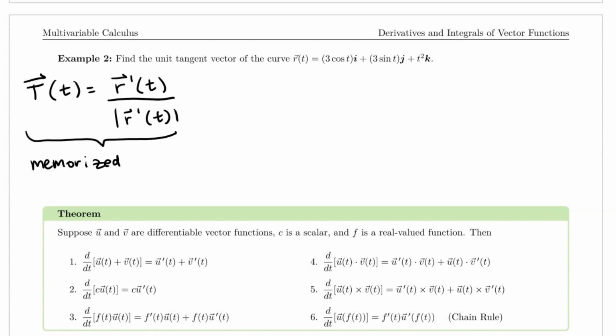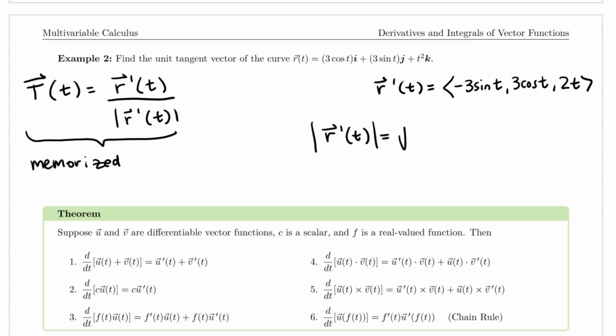So if we're going to do that, then off to the side here, I'm going to find r prime of t first. Okay, so I found that. Let's find the magnitude of r prime of t. I'm going to square each component.